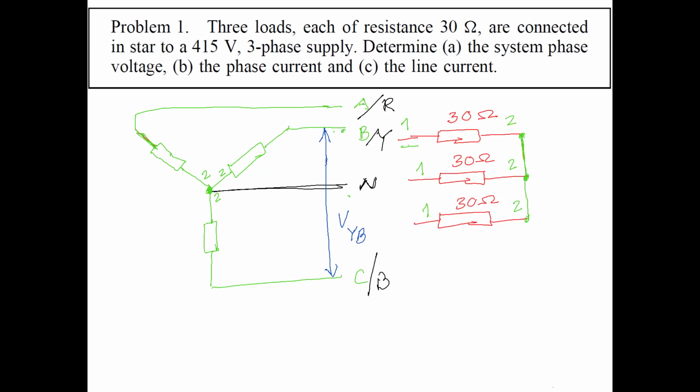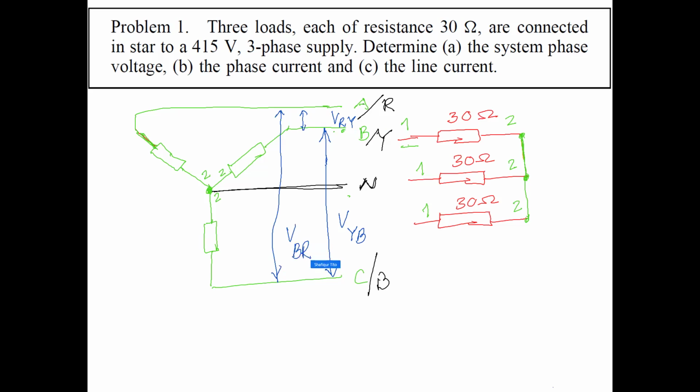YB, because I am considering this one as the positive terminal. And then we can consider another voltage from this line to this line. This is VRY. So VRY, VYB, and then VBR. So from this line to this line, this is VBR.